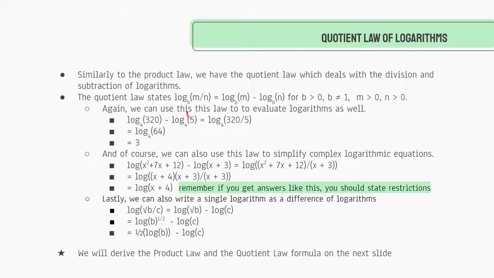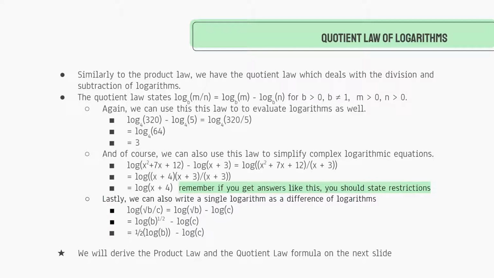So the first one is being divided by the second one. We get 320 divided by 5, put that into your calculator, and you find out it's 64. We know that 4 and 64 are closely related, right? We know that 4 to the power 3 is 64. Therefore, our answer is 3.